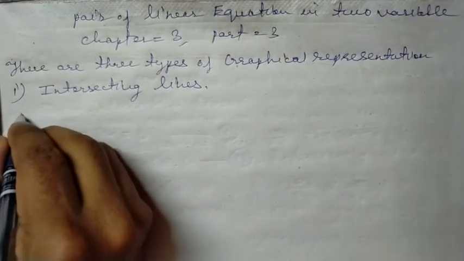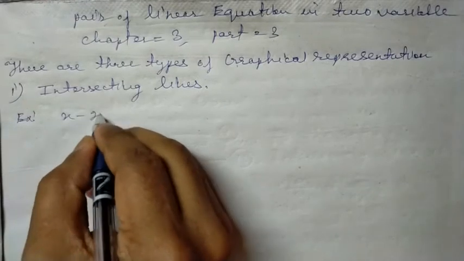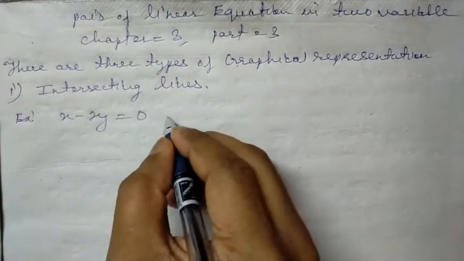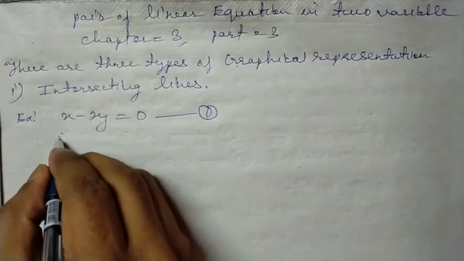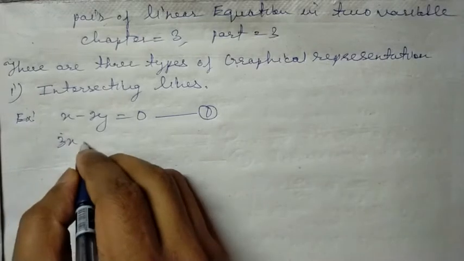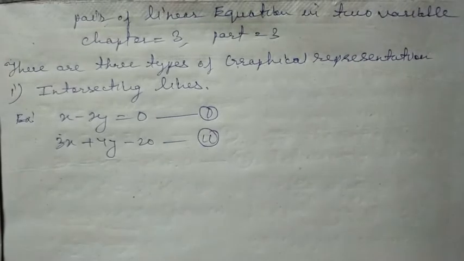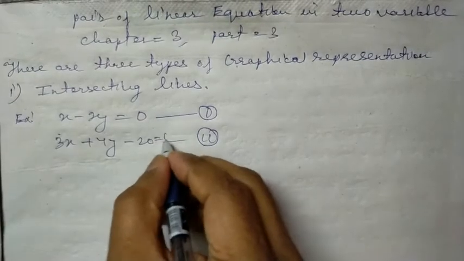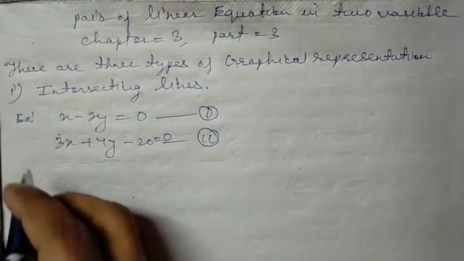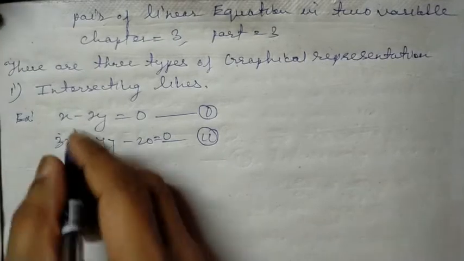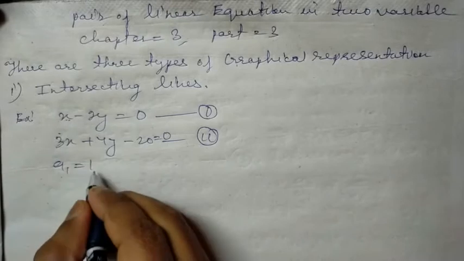So example, x minus 2y equal to 0. This is our first equation. 3x plus 4y minus 20 equal to 0. This is our second equation. Now we can write this. For A1, the x coefficient is 1.